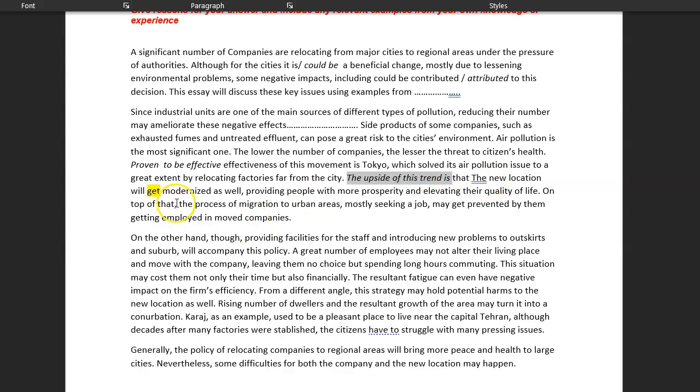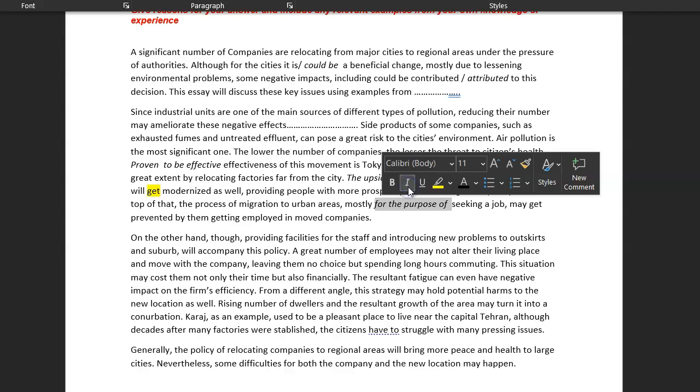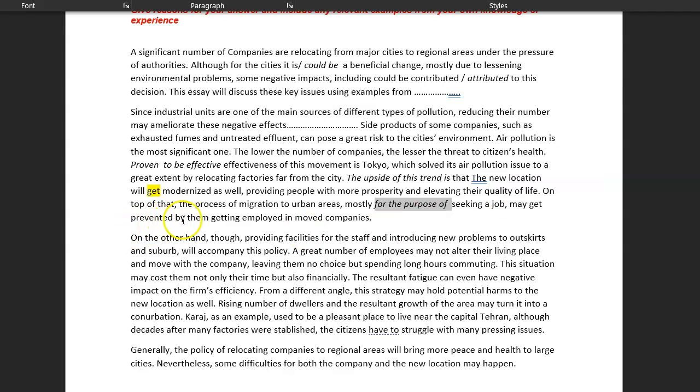On top of that, process of migration to urban areas, mostly for the purpose of seeking a job, may become again prevented by them getting employed in moved companies. Migration. I'm not sure what you mean here.